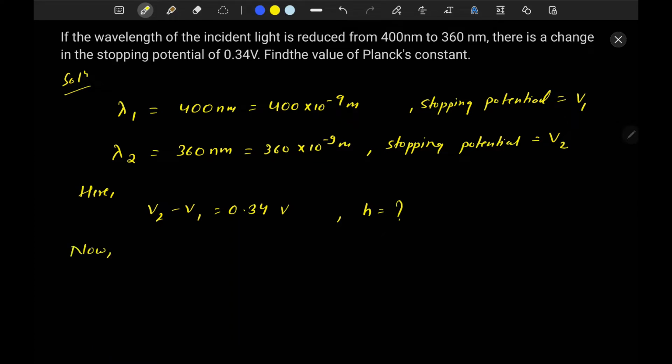Now we will again write the photoelectric equation for the first and second condition.